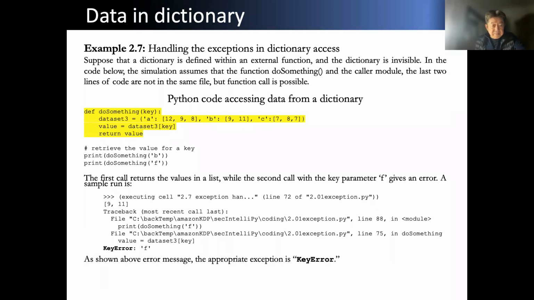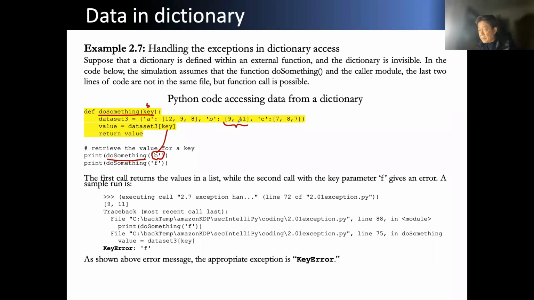So there is a function call here, do something, which is this function, sending B. When it comes to this B, here we say data key, that is a key. B comes here, then the value of key B is returned, the list 9 and 11.